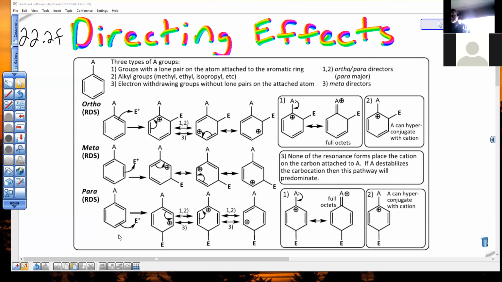Don't we have a description for things in the way, stopping things from approaching? We've been using it ever since chapter 2. I think it started with an S, and there's hindrance involved. Oh, steric hindrance. So when you have ortho-para groups on benzene, para will usually be major and ortho will be minor. There's steric hindrance partially blocking the approach of the electrophile in the ortho position. No steric hindrance down here.